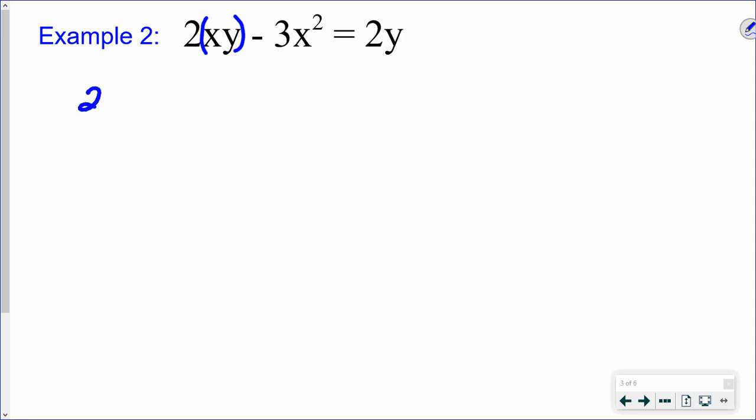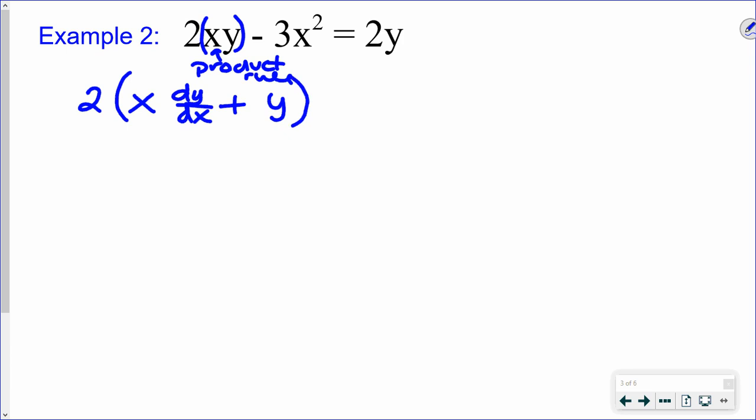So I'm going to bring the 2 down as a constant multiple, but then we're going to have to use product rule for the x times y, okay? So it would go like this. First times derivative of the second. Now, derivative of y is 1, but then times dy over dx. Okay, plus second function, which is y, times the derivative of x, which is 1. So that's my product rule.